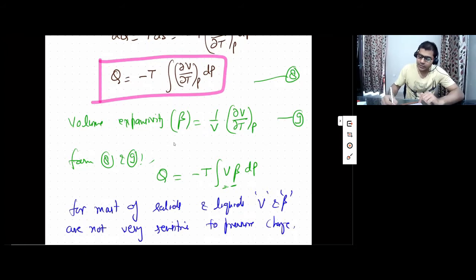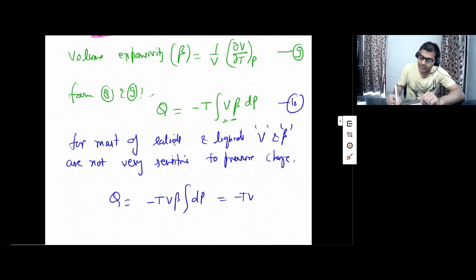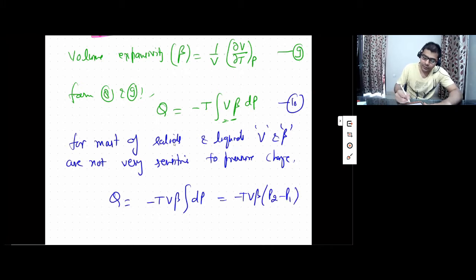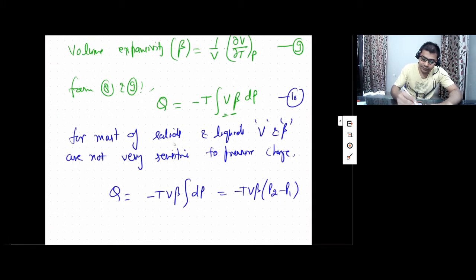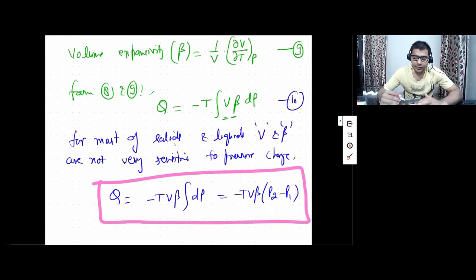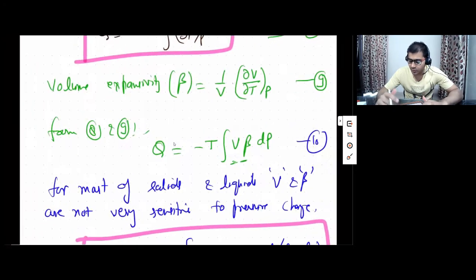So I can take this V and beta outside the integral, and I will be left with the result where the pressure is changing from P1 to P2, where P2 is greater than P1. That is the amount of heat involved in the isothermal reversible process where the pressure changes. Suppose P2 is greater than P1.